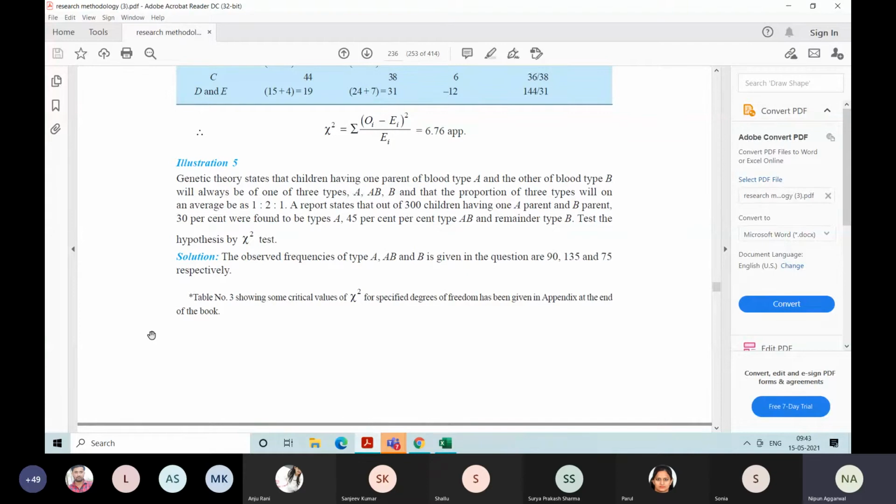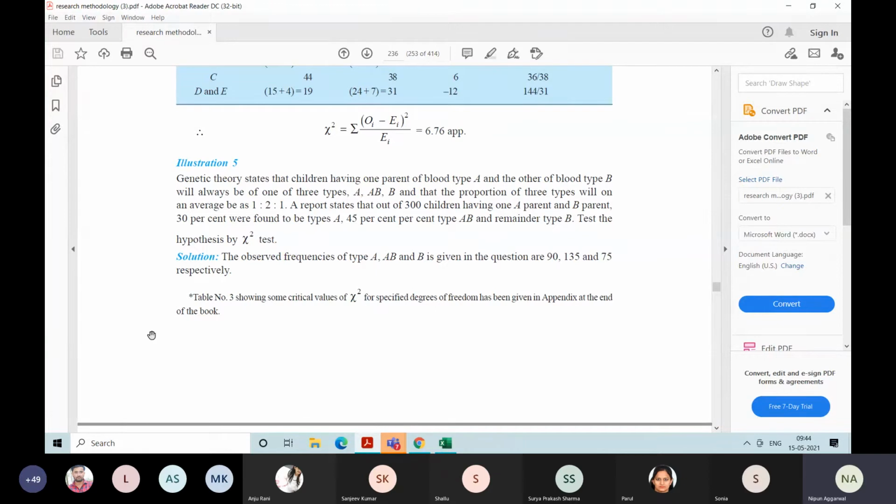So proportion here means the number of children. 1:2:1 means 25%. If we want to calculate, it is each one divided by the total. So 1 plus 2 plus 1, so 4 is the total.